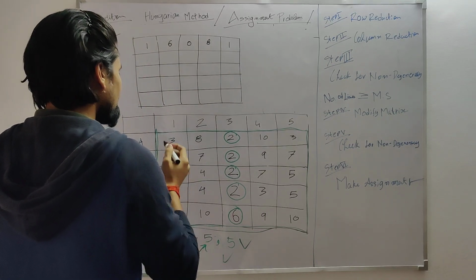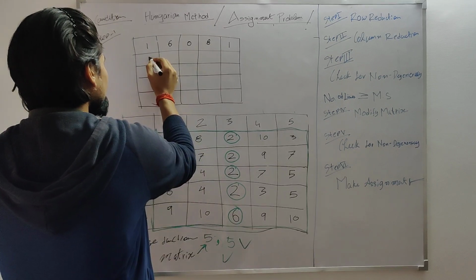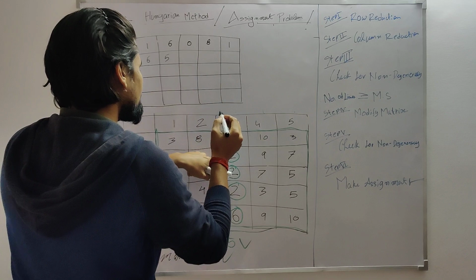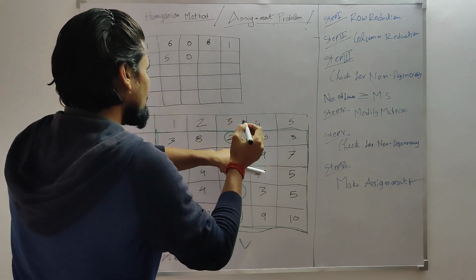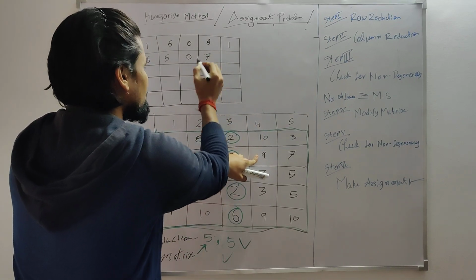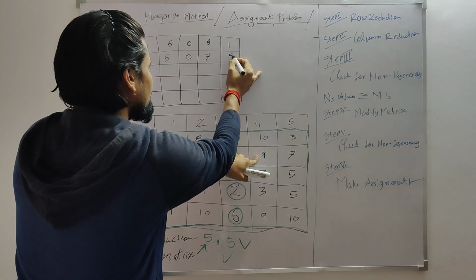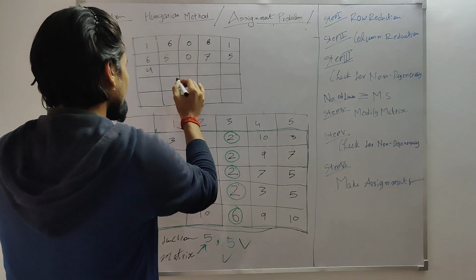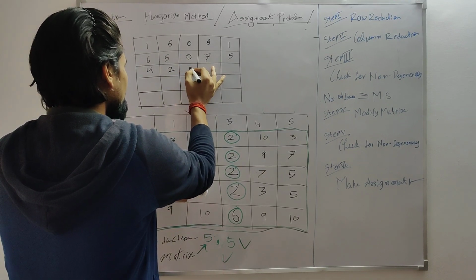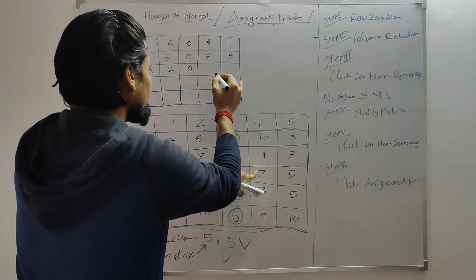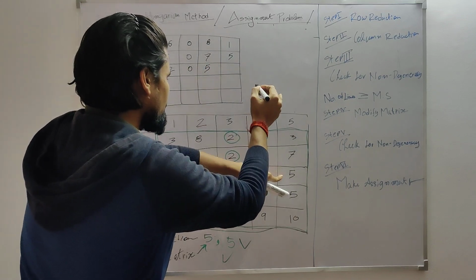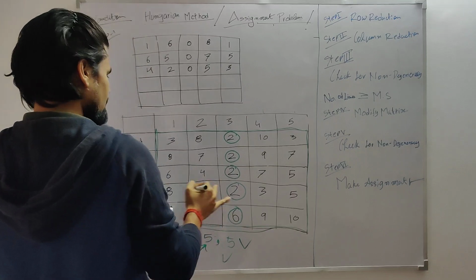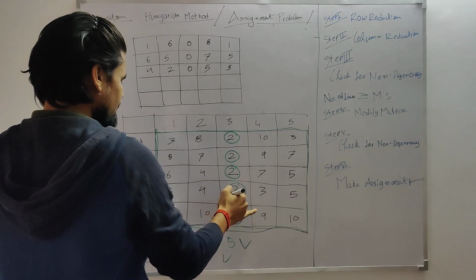So let's see now. 8 minus 2 is 6, 7 minus 2 is 5, 2 minus 2 is 0, 9 minus 2 is 7, 7 minus 2 is 5, 6 minus 2 is 4, 4 minus 2 is 2, 2 minus 2 is 0, 7 minus 2 is 5, 5 minus 2 is 3.